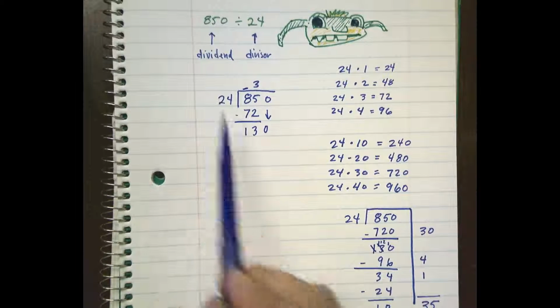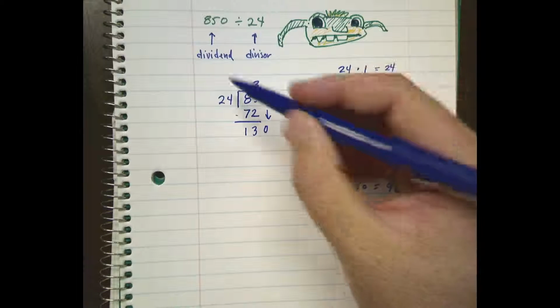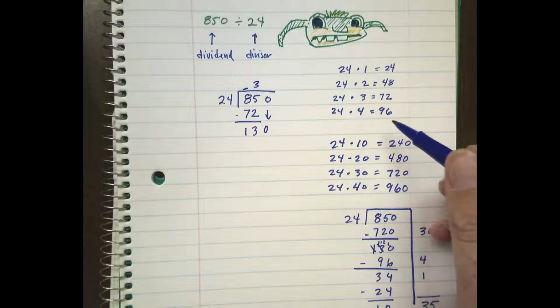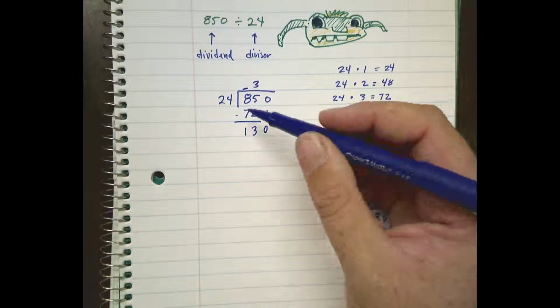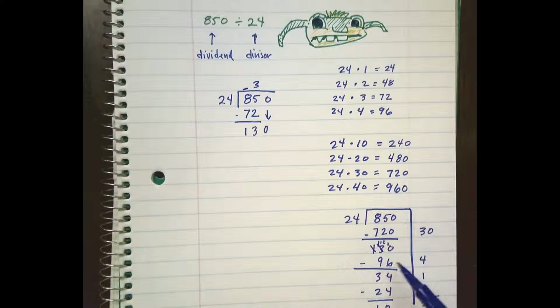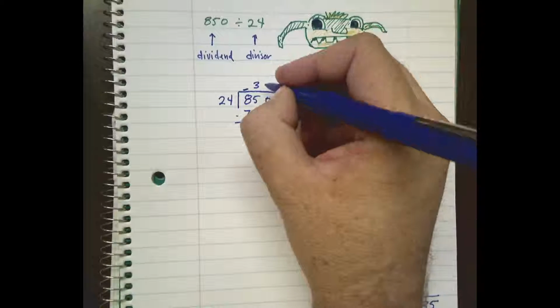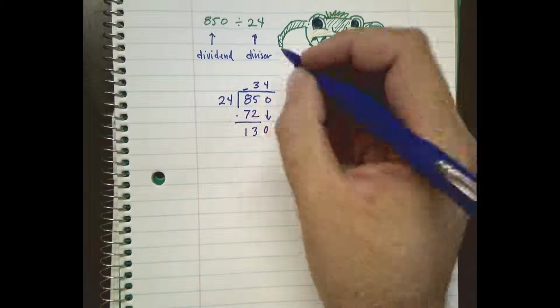So 24 goes into 130 how many times? Well, I know that it goes into it, well, 4 times. Well, it kind of goes into it more than that, because let's try 4, because we tried 4 here, and I think it might be 4, so let's try it out. So 4, I'll just write it there.